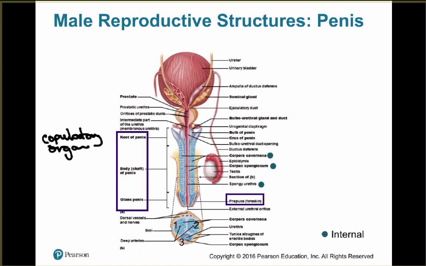Now the penis consists of the root and the shaft and ends in what's known as the glans penis. Now the prepuce is also known as the foreskin, right? And this is a cuff of loose skin. So this covering here is what gets removed during a circumcision.